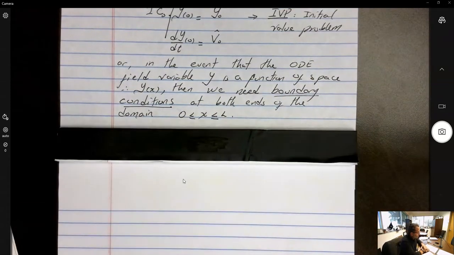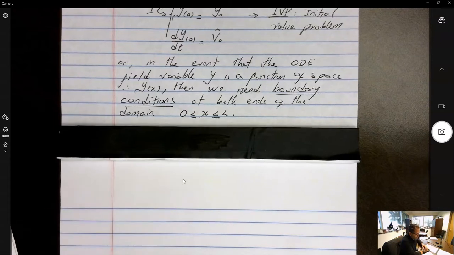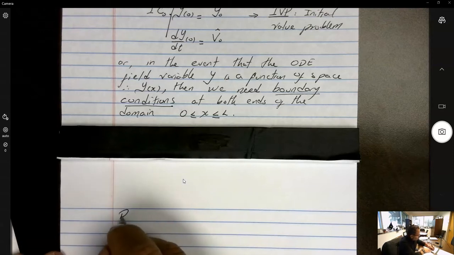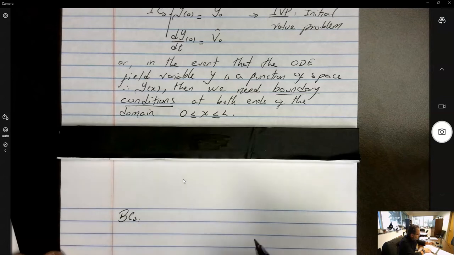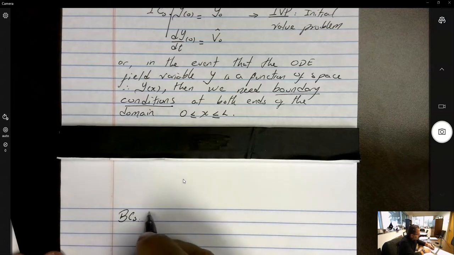Then the solution will be in terms of y of x, and in order to find the constants of integration c1 and c2, we need so-called boundary conditions. We need a condition at x equals 0, and we need a condition at x equals L.